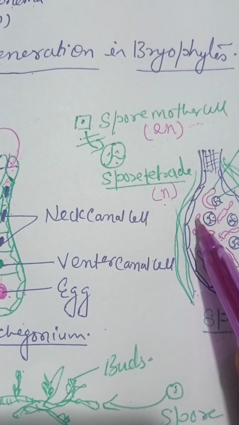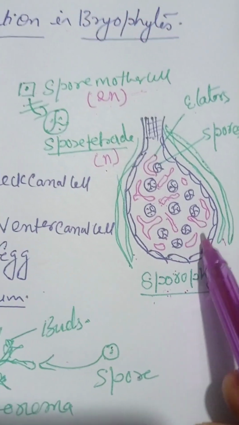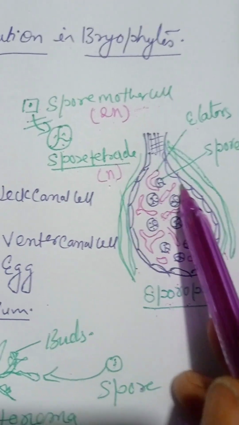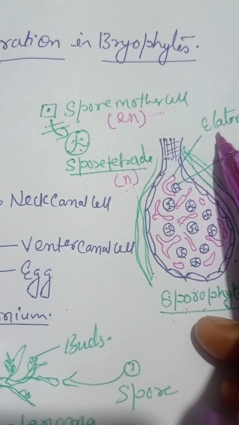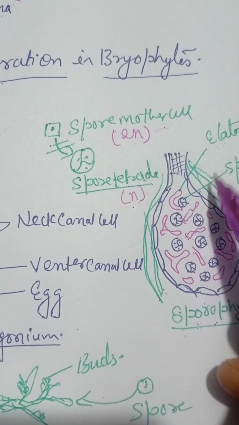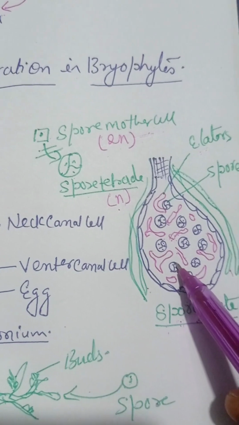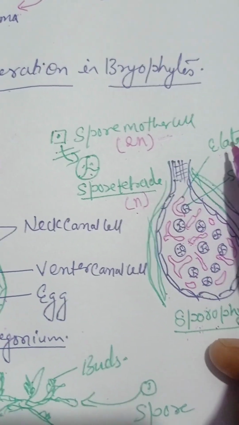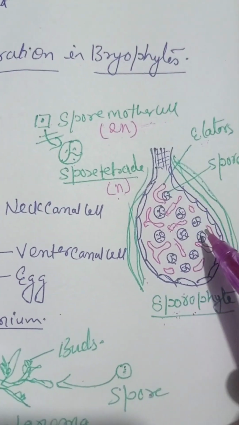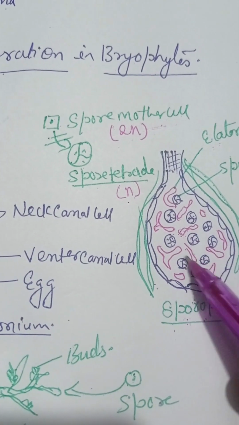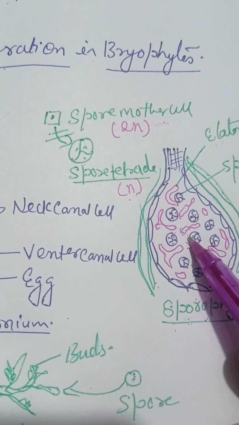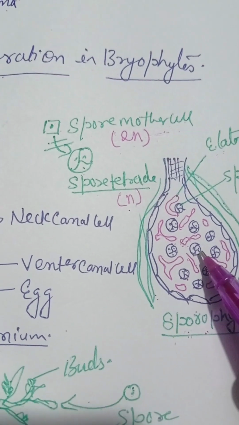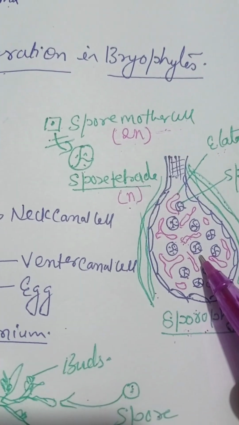But what are these in the pink color here? As in the label here, elaters are the sterile cells in the sporogenous tissue. Their role is to give mobility to the spores, as well as to nourish the developing spores.